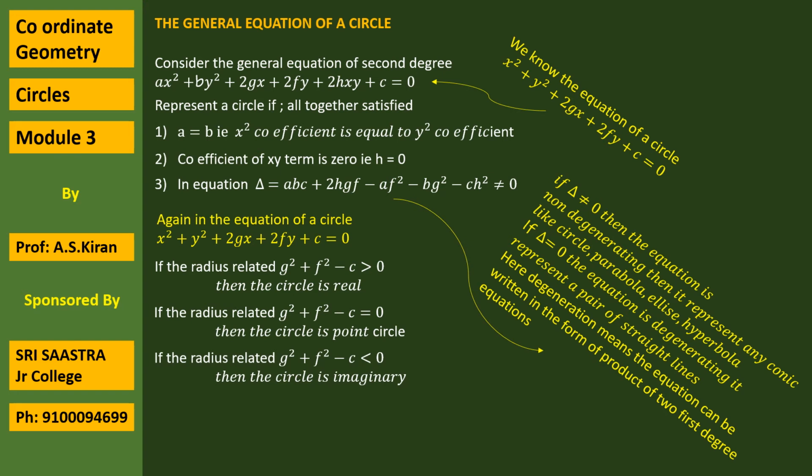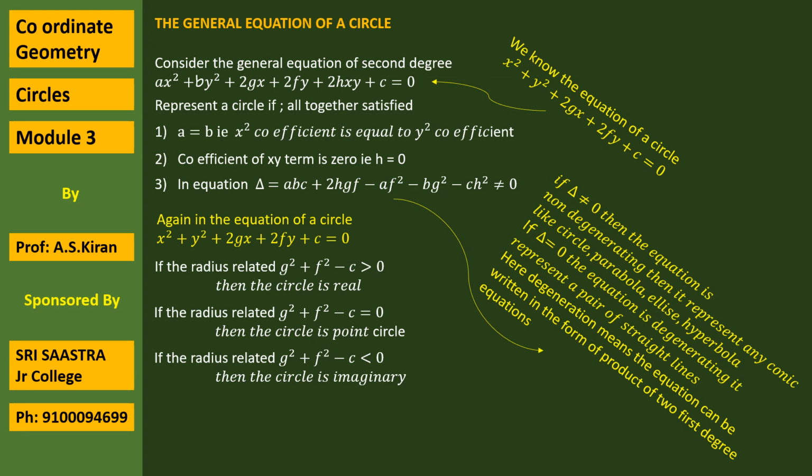Again, if the radius related term g square plus f square minus c is less than 0, the radius can never be real. Then the circle is imaginary. Once again, if the radius is 0, it becomes a point. If the term is less than 0, then the circle is imaginary.